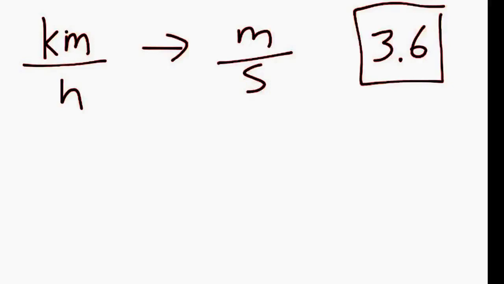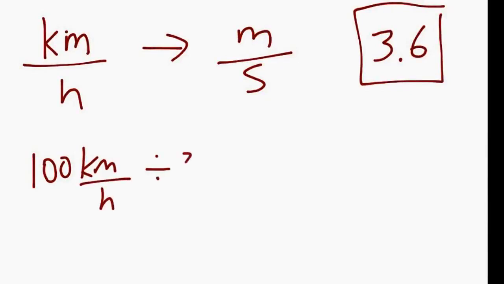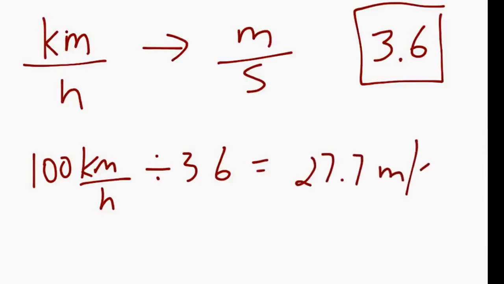You just got to remember to do 3.6. So if I gave you a speed of 100 kilometers per hour, if we divide by 3.6, that would give you what that answer is in meters per second. So that equals 27.7 meters per second.